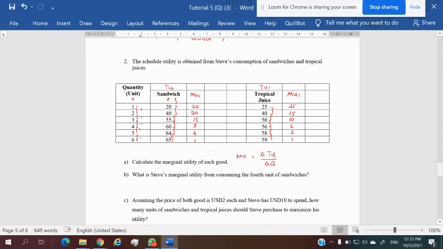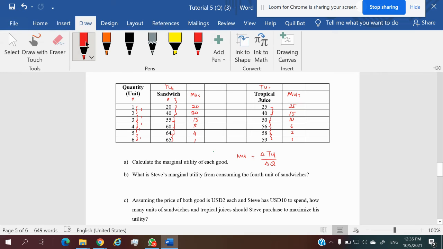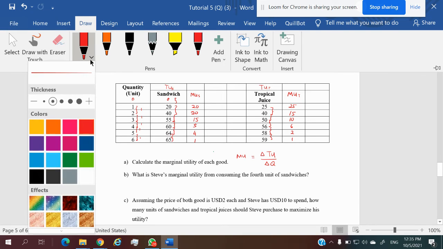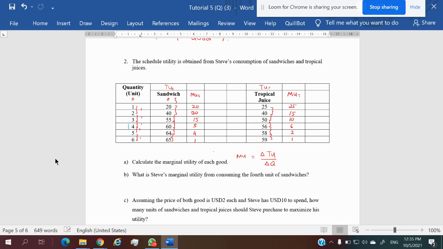Now let's look at B. What is Steve's marginal utility for consuming the 4 units of sandwiches? When Steve consumed 4 units of sandwiches, the 4th unit of sandwiches is here, so the marginal utility is 5.